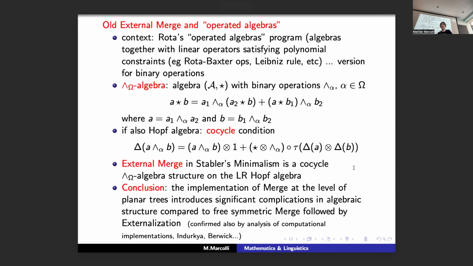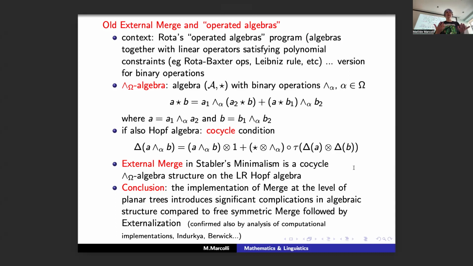And the external merge, on the other hand, is now something different, because the external merge is using two trees, but you don't have forests in your Hopf algebras as objects. You only have trees.